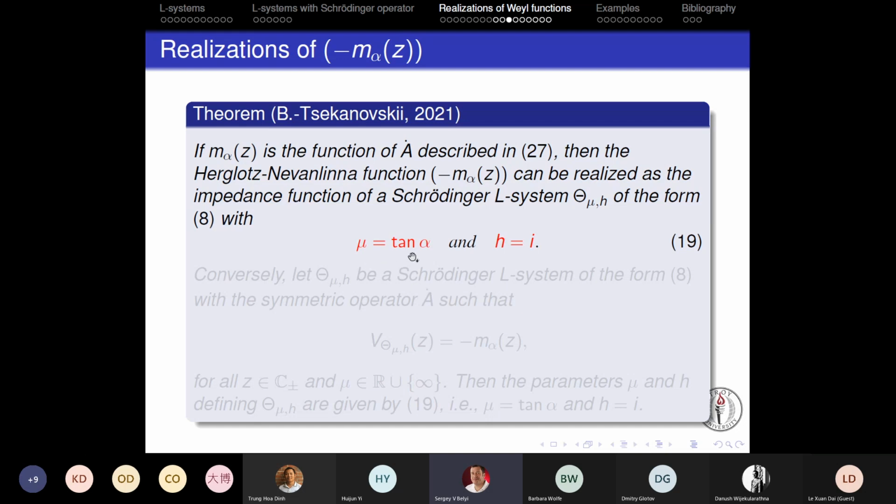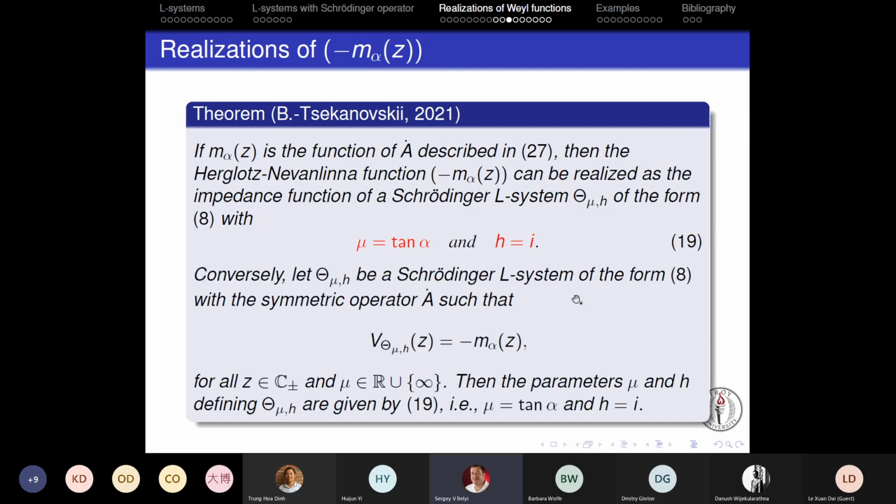Mu has to be chosen to be tangent alpha, and H is still I. And backwards, of course, if there is a Schrodinger L system of this form such that its impedance matches negative M alpha, then the defining parameters should be tangent alpha and I.